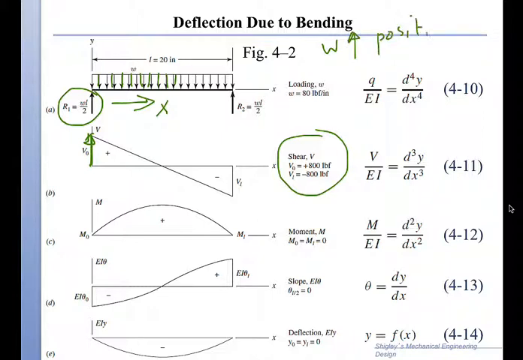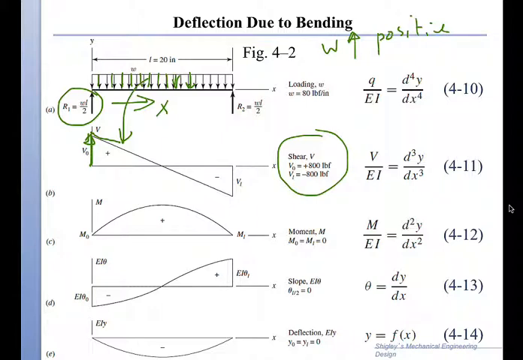So if the load is going downward in the negative y direction, then the integration of the uniform load is a straight line, and therefore we can create a straight line from the uniform load by knowing that we start from V0, which is WL over 2.